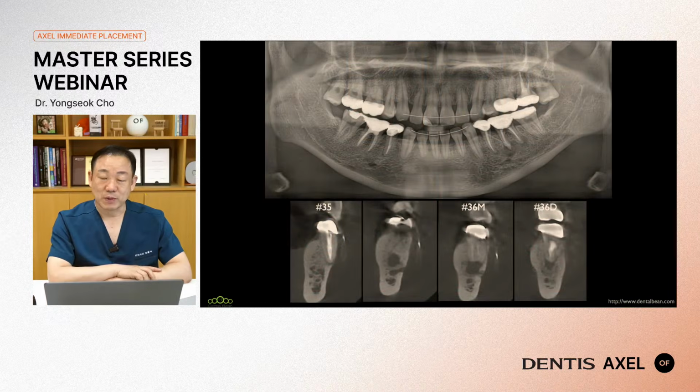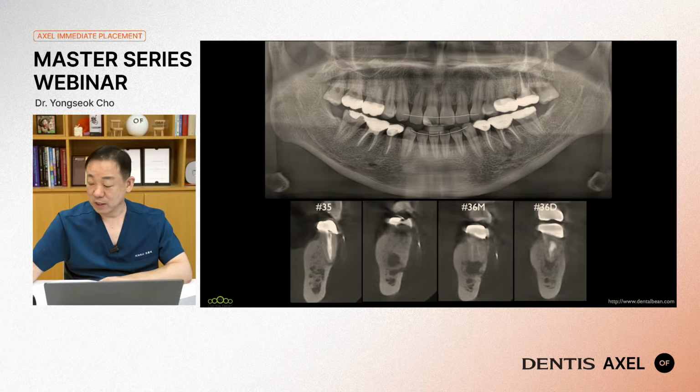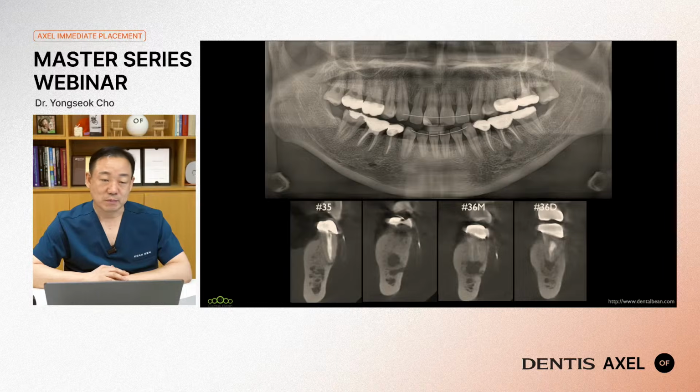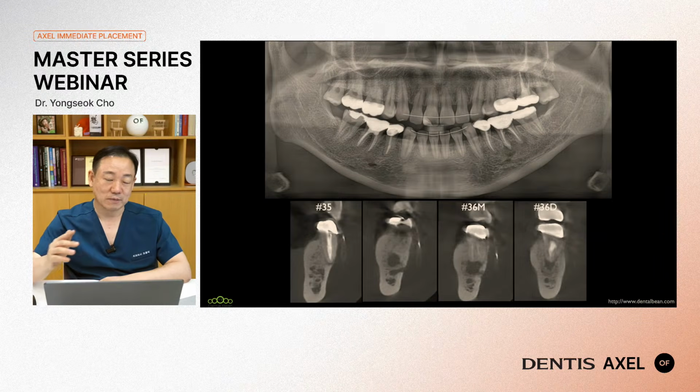In the panoramic image, we can see an endodontically treated left first molar, and near the medial root there is an apical lesion which spread and made a fistula toward the buccal side.